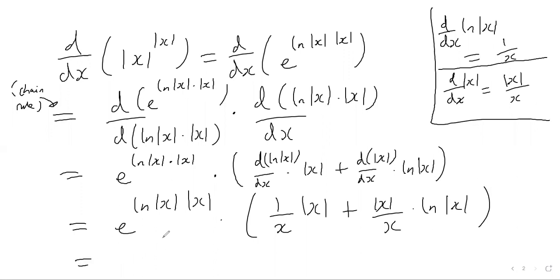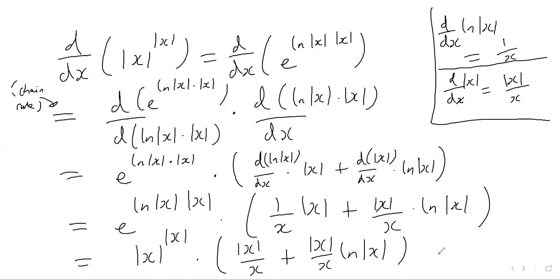Then we can simplify this a little bit. We've got e to the ln modulus of x, but exponential and natural logarithm functions are inverse functions, so this is going to be the modulus of x to the power of the modulus of x, multiplied by the modulus of x over x, plus the modulus of x over x multiplied by the natural log of the modulus of x. So we get that result.